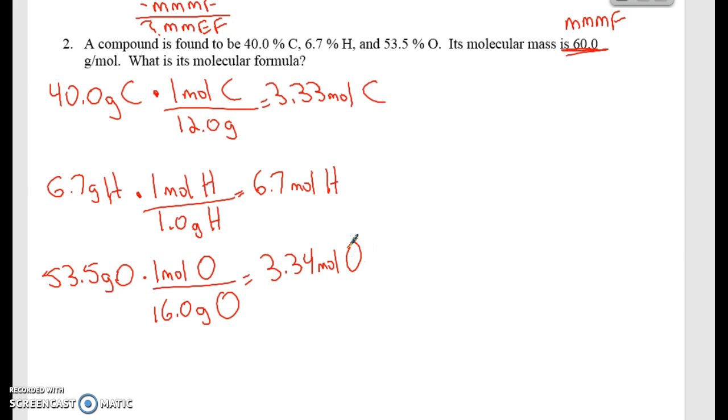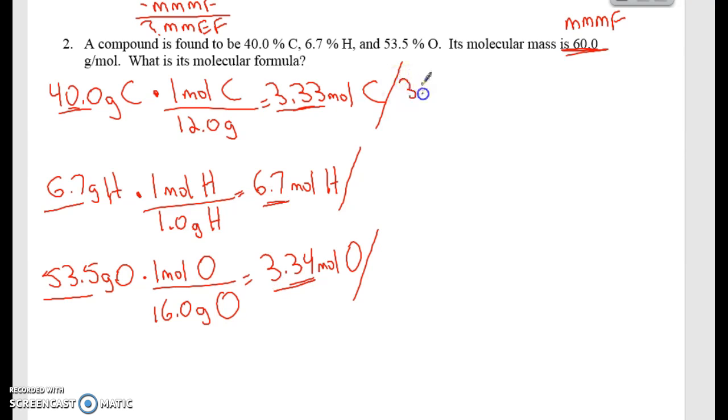Now remember, we're working up towards the empirical formula right now, and what we do is divide by the smallest of these 3 numbers. And notice for each of these three, I matched up the significant digits. 40.0 has 3, so 3.33 has 3. 6.7 has 2, so I rounded off to 6.7. 53.5 has 3, so 3.34 has 3 significant digits.